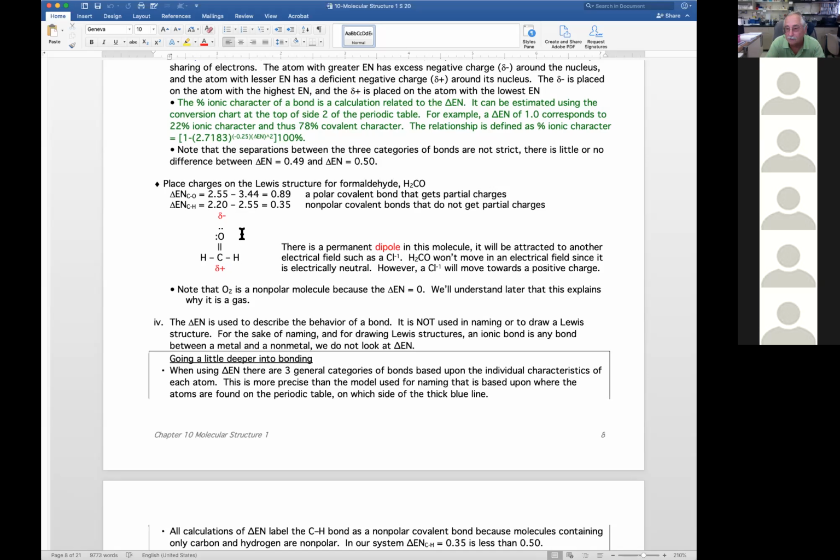The answer is yes, because they both behave like little magnets. Would this molecule align itself in an electrical field such as presented by a chloride ion? The answer is yes. If I had a chloride ion right here, it's going to attract this side and repel that side. So it's going to line up according to the magnetic field of that chloride ion.